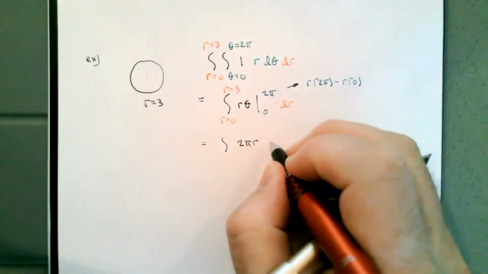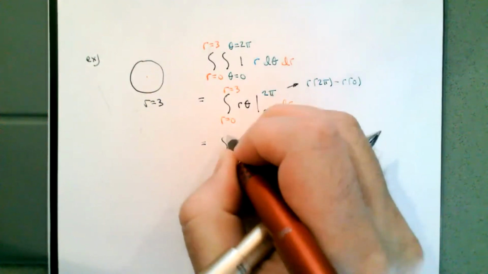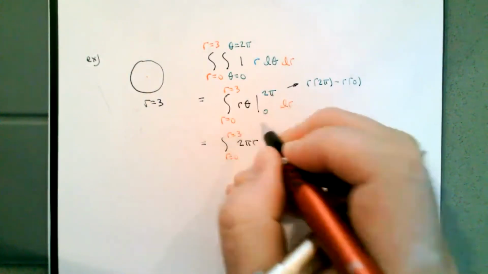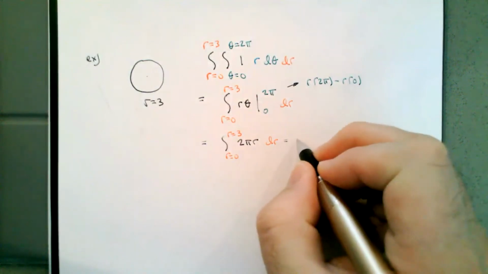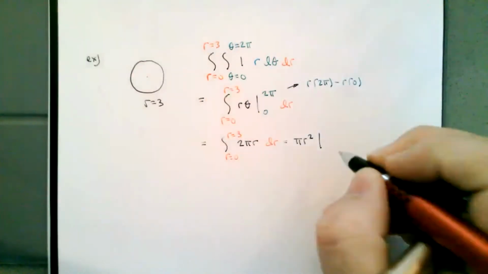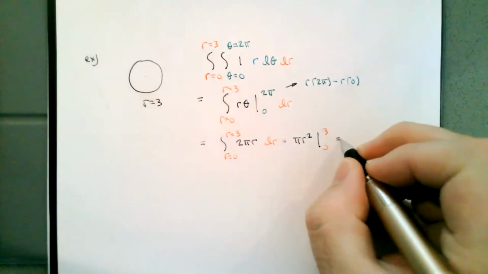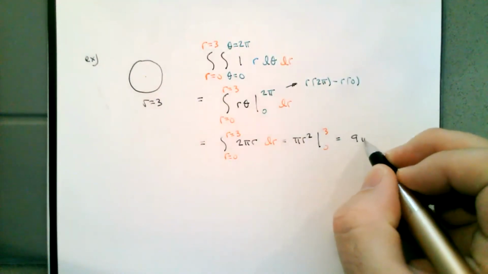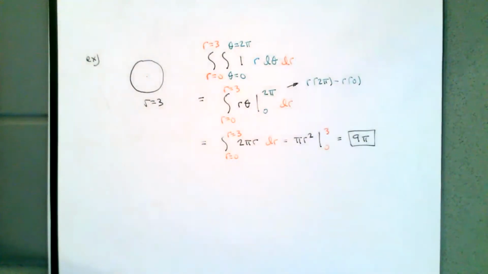But we still need to integrate the r. So this is dr from 0 to 3. So 2 pi r, with respect to r, is going to be pi r squared, evaluated from 0 to 3. And that'll give us 9 pi, just like we suspected.